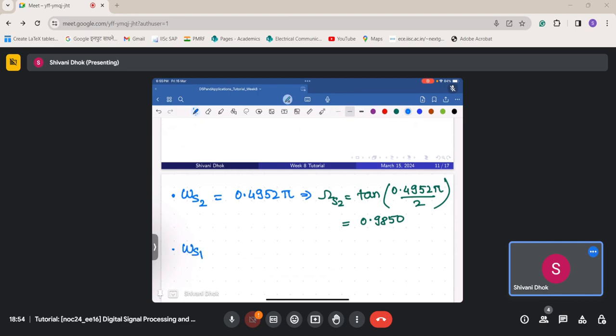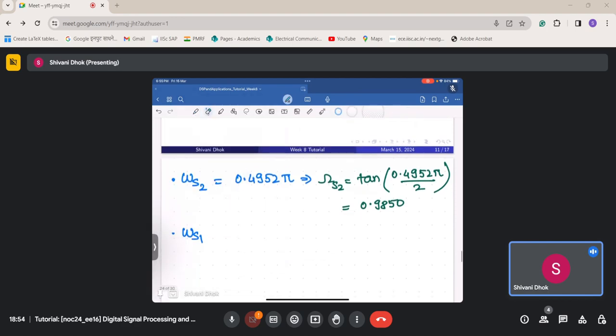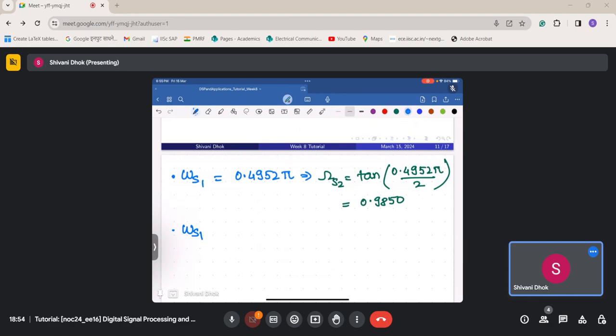And omega s, sorry, this is not omega s2, this is omega s1, and we have omega s2 as 0.6648 pi, which implies that, sorry, Madam, yeah, from omega S1, what we are getting is capital omega S1.